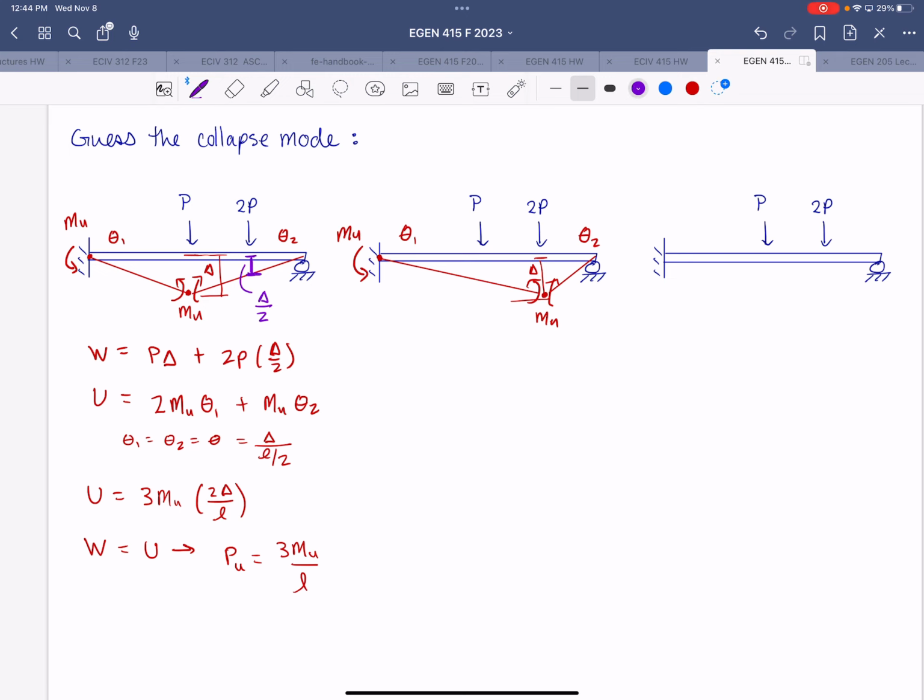And then that's under 2P, and then under the mid-span load P, based on geometry, this will be 2 delta over 3. So I'll just mark that this distance, that's based on this distance being 3L over 4, and this distance being L over 4.